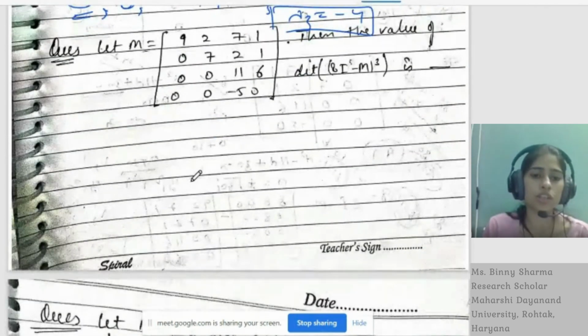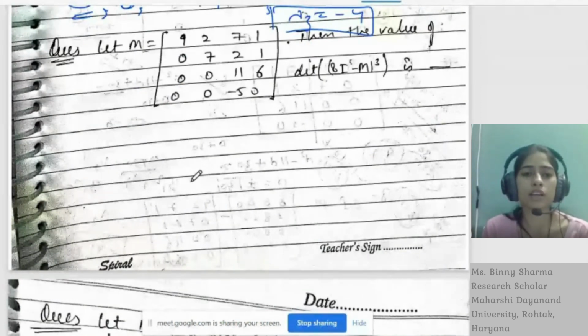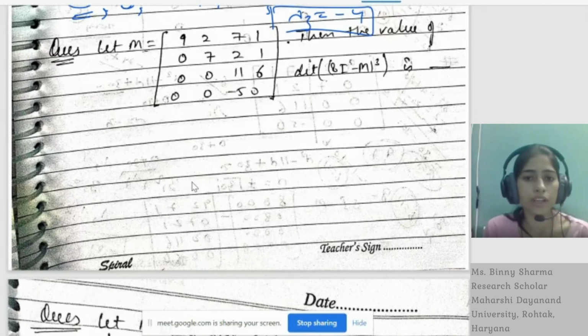The next question, let M be a matrix, then find the value of determinant of (8I minus M) cube. So how to find this?